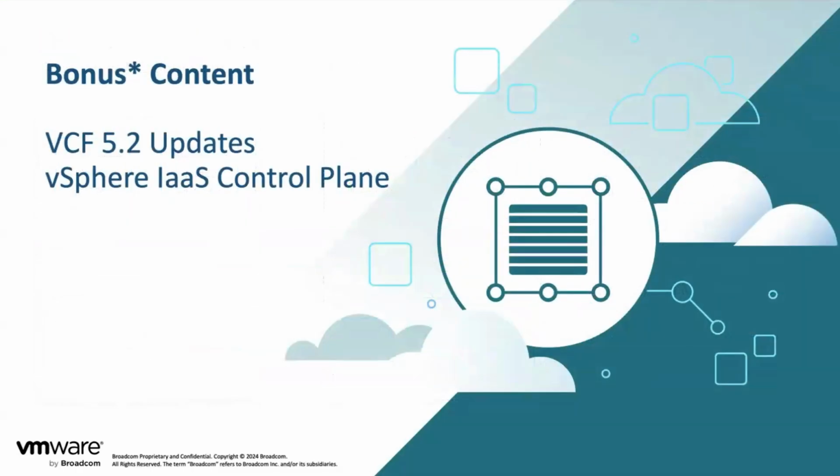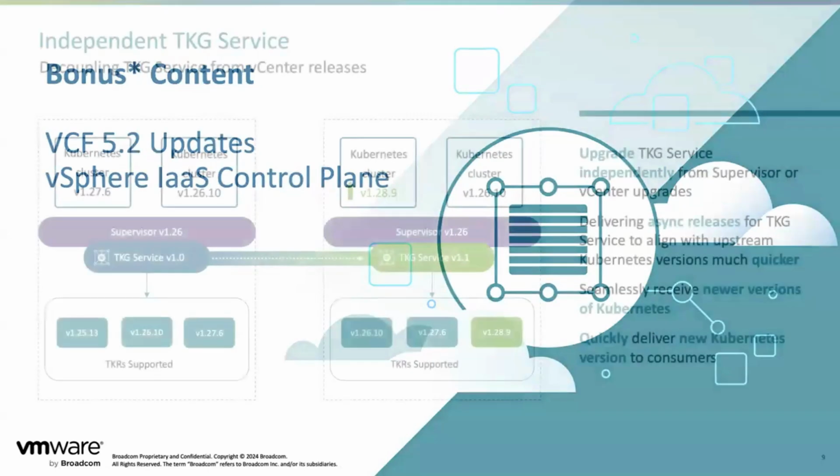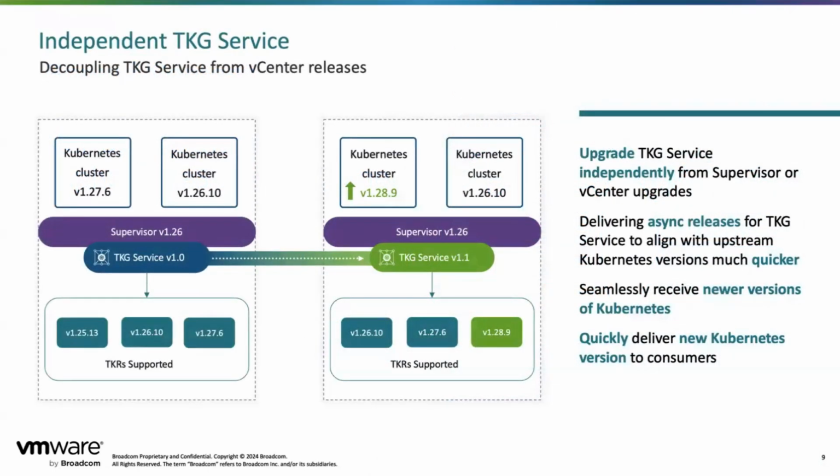Correct. In this release we're introducing the independent TKG service. This means the TKG service is now decoupled from the vCenter releases, so you can upgrade the TKG service independently from the supervisor or vCenter upgrades.